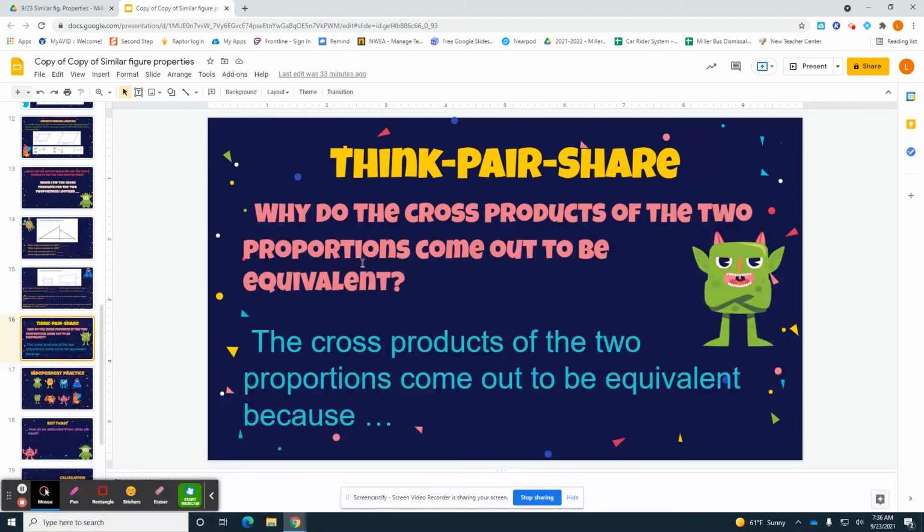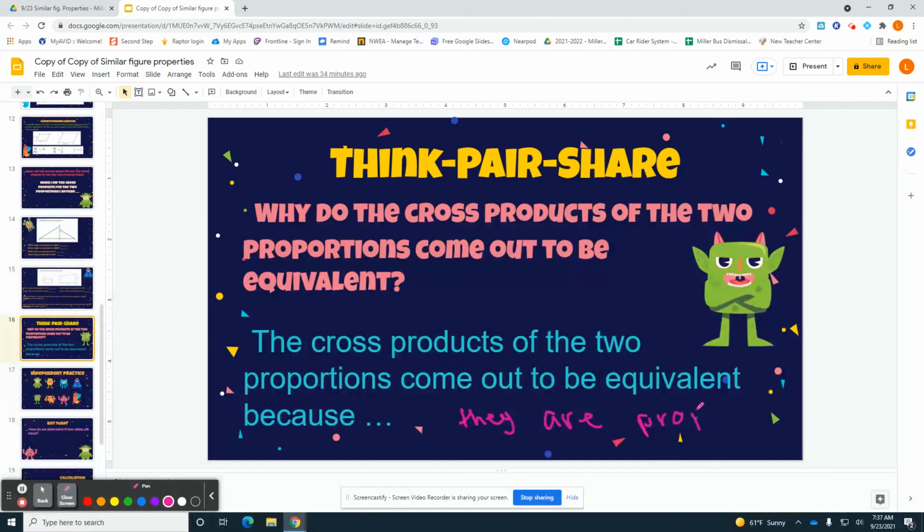So you're seeing pair share. Why do the cross products of the two proportions come out to be equivalent? So the cross products of the two proportions come out to be equivalent because, okay, so finish that question out. All right, and if you say they come out to be equivalent because they are proportional, you are correct.